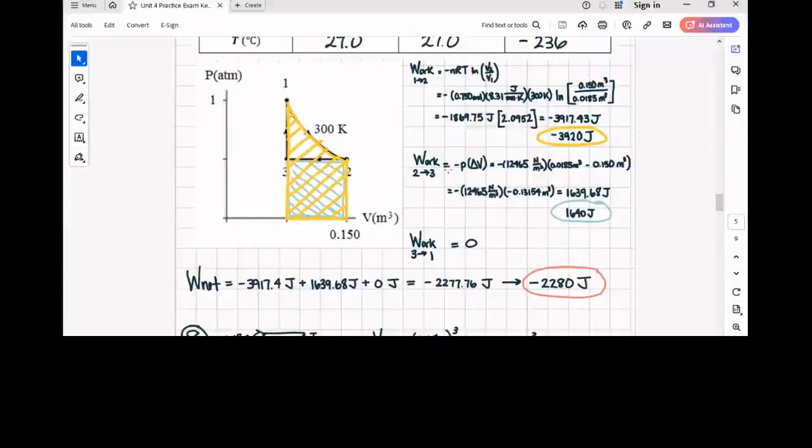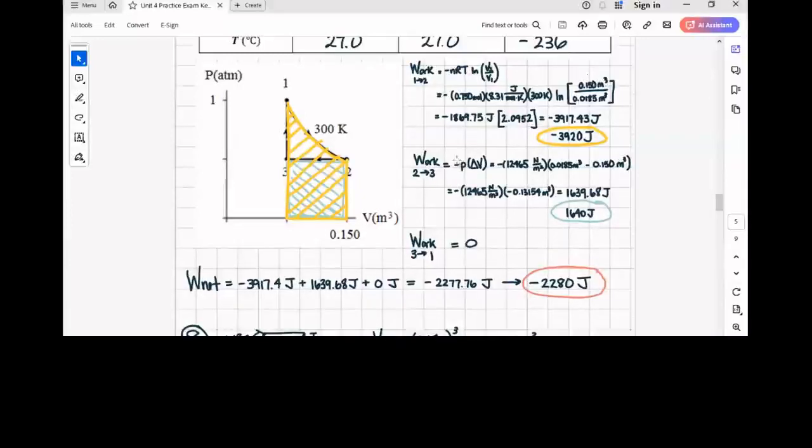The work from state 2 to state 3 is going to be minus P times delta V, where the pressure is a constant. I know that value is 12,465 newtons per square meter. Delta V is going to be a negative value because I'm going from a big volume to a smaller one.